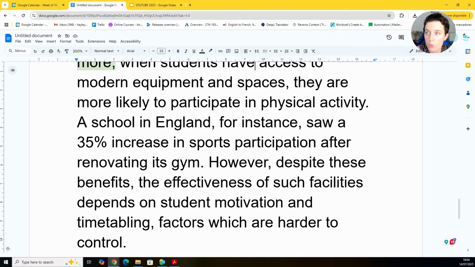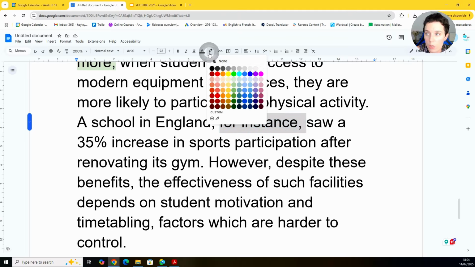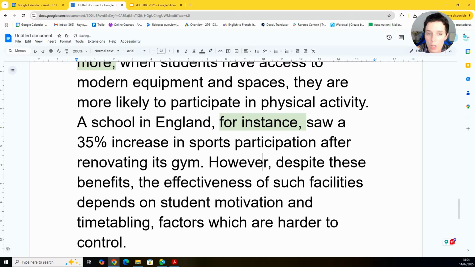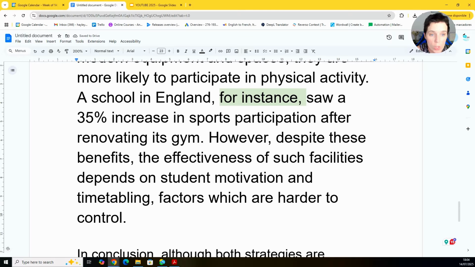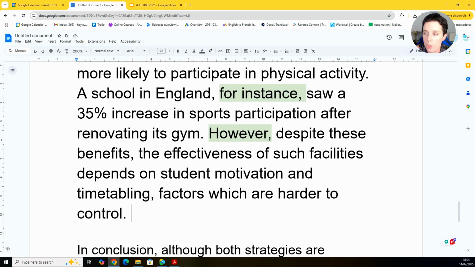A school in England, for instance, linking word, saw a 35% increase in sports participation after renovating its gym. However, linking word. Despite these benefits, the effectiveness of such facilities depends on student motivation and timetabling, factors which are harder to control. Okay, again, point, explanation, example, contrast or reiteration.